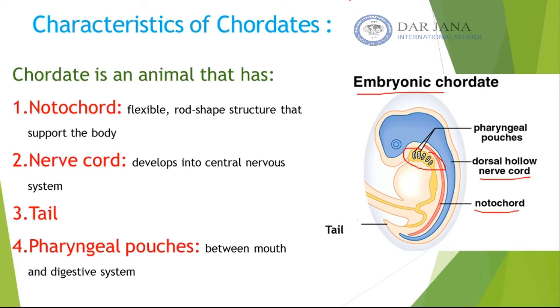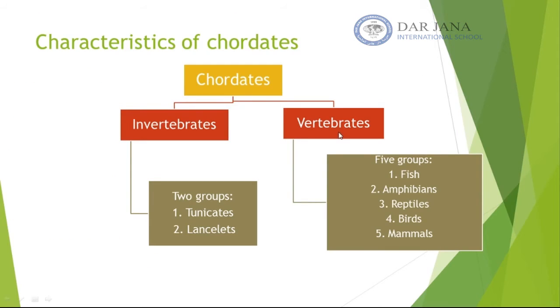So again, if I ask you the simple question, what are the characteristics of chordates? You should know that they have a notochord, they have a nerve cord, they have a tail, and they have pharyngeal pouches. Okay? So we should know that most chordates are vertebrates, but here there is a part that is invertebrate.